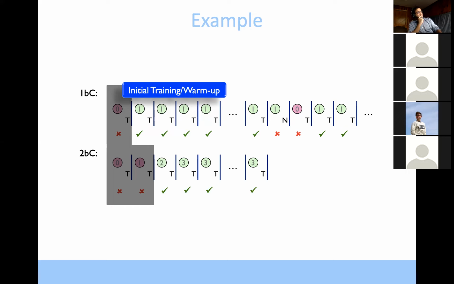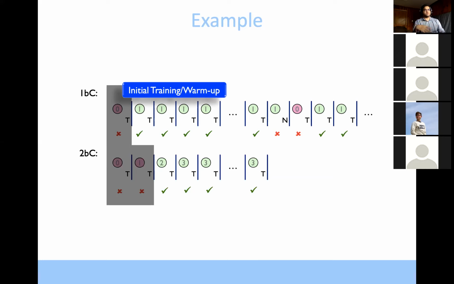Okay, I don't think this example is actually showing that. It's just showing you the warm-up time for the first example. For the for loop conditional, the initial warm-up for a 1-bit counter would have been one iteration. It would be wrong the first iteration.